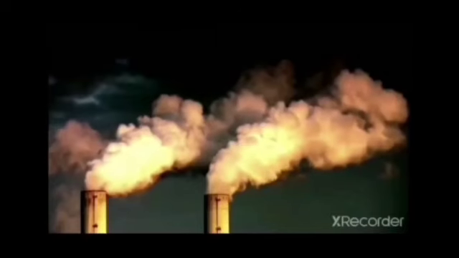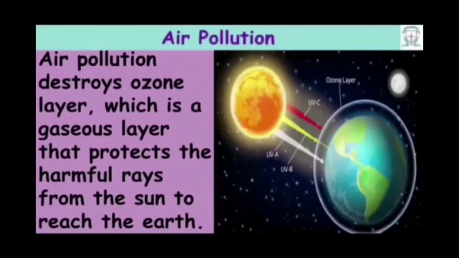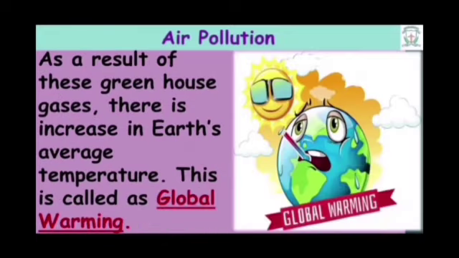We also learnt that air pollution destroys ozone layer, which is a gaseous layer that protects from the harmful rays from the sun to reach the earth. As a result of these greenhouse gases, there is increase in Earth's average temperature.